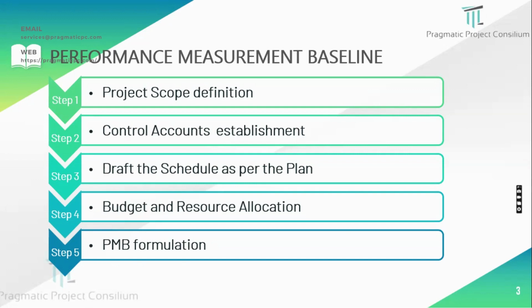Once we have developed the project scope and it has been defined, then control accounts establishment comes into the picture. The control accounts establishment basically depends on the creation of the WBS and cost breakdown structure, work breakdown structures and cost breakdown structures.